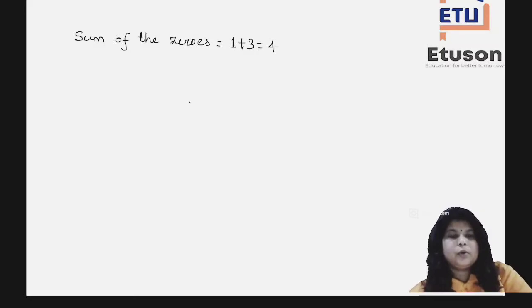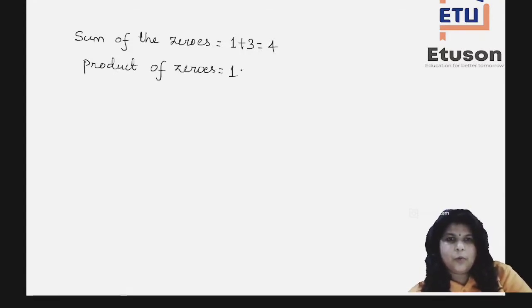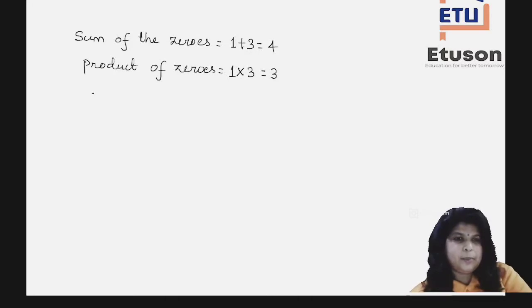Now the product of zeros is equal to 1 into 3, that is equal to 3. Let us write down the quadratic polynomial we had, that is 2x square minus 8x plus 6.